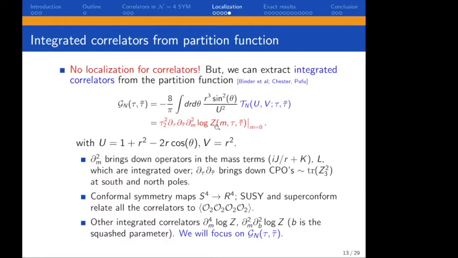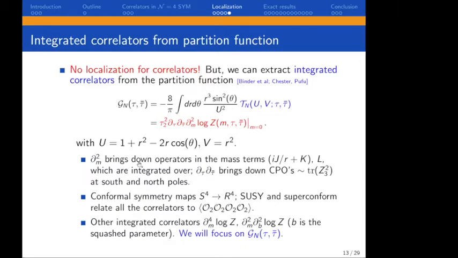This is the case where we take two derivatives with respect to mass. That's why we started with the N=2* theory, so I can introduce this mass operator and take a derivative with respect to mass. Further, you take one derivative with respect to tau bar, one of the complex couplings, and a derivative with respect to tau, and set the mass equal to 0. That allows you to go back to N=4 super Yang-Mills.